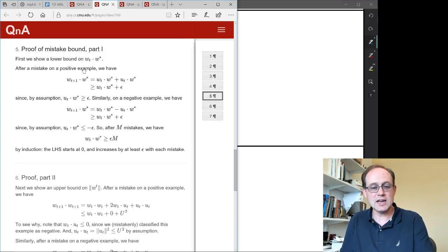If we make a mistake on a positive example, we update WT plus 1 is WT plus UT. And so WT plus 1 dot W star is WT dot W star plus UT dot W star. And UT dot W star, by assumption, is at least epsilon, because we know that W star classifies UT correctly.